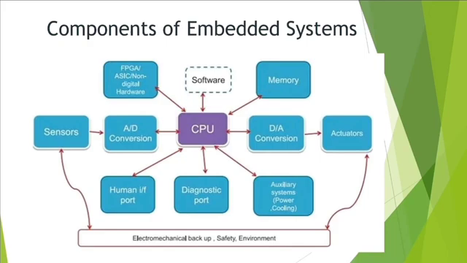And ROM, read-only memory. It is non-volatile memory. In this, data is not lost when computer power is turned off. And one is FPGA, that is Field Programmable Gate Array.